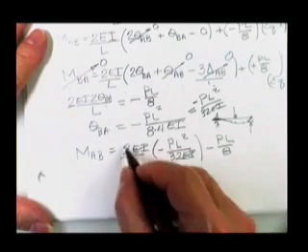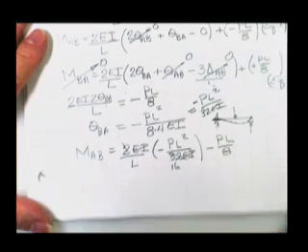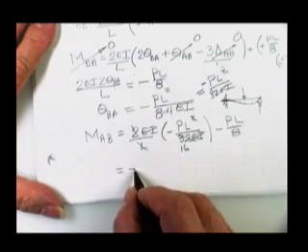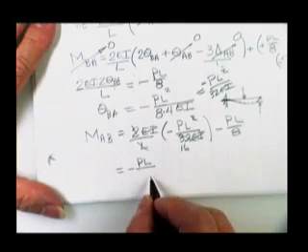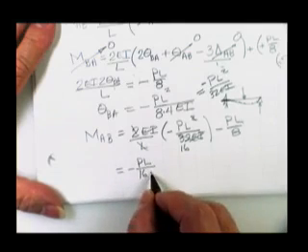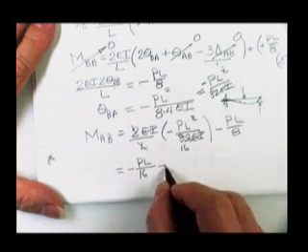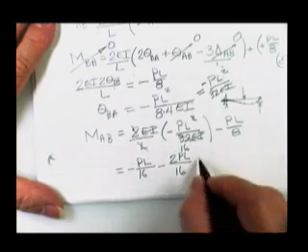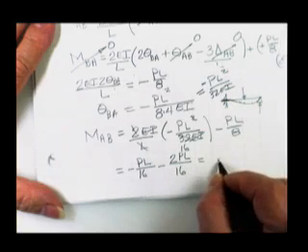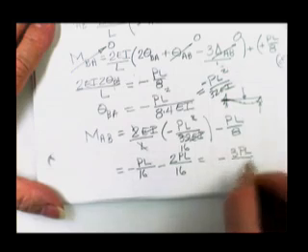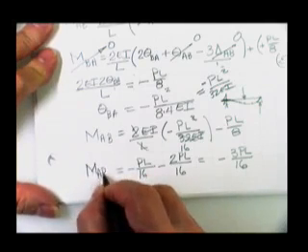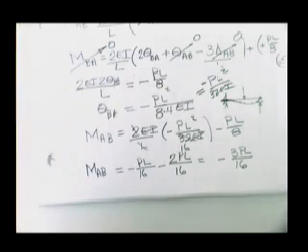EI cancels EI, 2 cancels 32 with a 16, L cancels L is equal to minus PL over 16, minus PL over 8 is 2PL over 16. Final answer, minus 3PL over 16. That's what I was looking for. Moment in the beam. Why am I looking for the moment in the beam? So that I can design it.